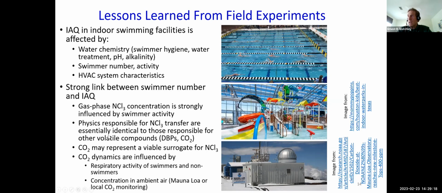There's also a strong link between swimmer number and indoor air quality. Generally, the worst air quality coincides with the conditions where we have the largest number of people present in the pool. And as we'll see, it's not just the number of people in the pool, it's also the characteristics of those swimmers. So if we put adult elite level swimmers in the pool, that's going to be very different than putting 8-year-olds in the pool in terms of their ability to transfer volatile compounds from the liquid phase to the gas phase.